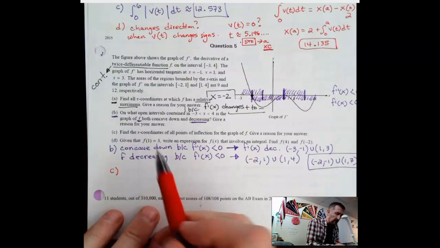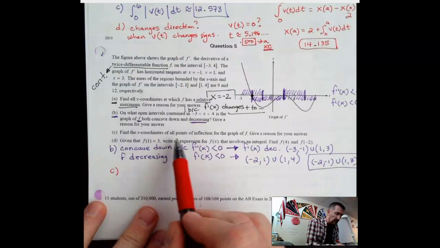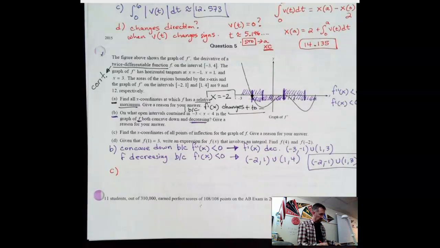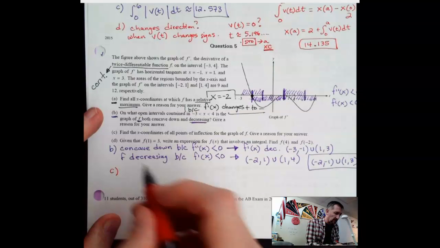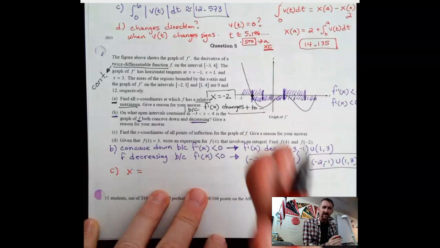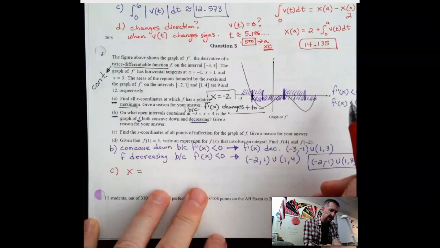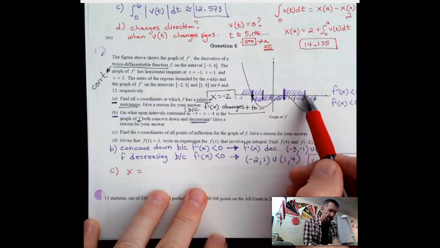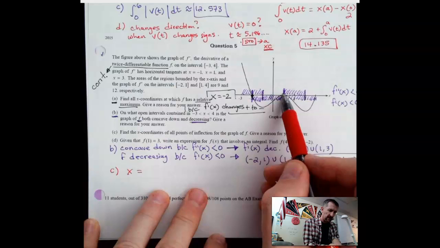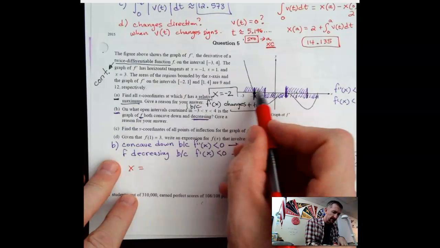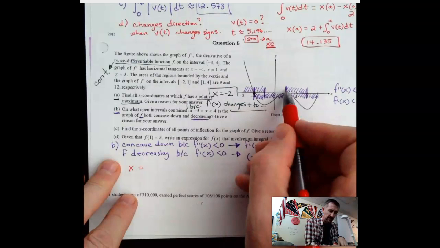Now, part C. Find the x-coordinates of all points of inflection on the graph of f. Give a reason for your answer. Okay, so x equals. Points of inflection occur when the second derivative changes signs. So the second derivative is right here. And it changed signs here, here, and here. Looking up there, the second derivative was negative, then it became positive at -1.